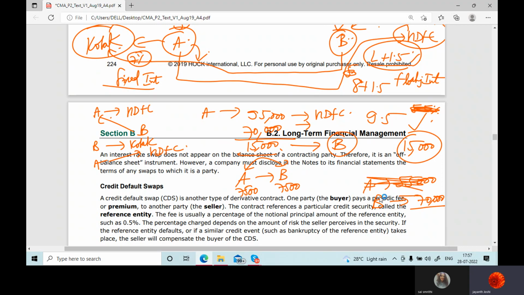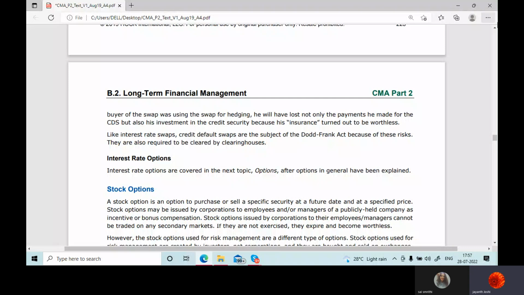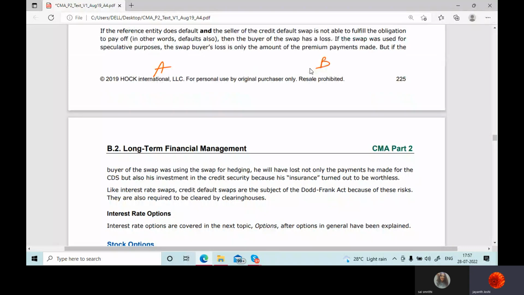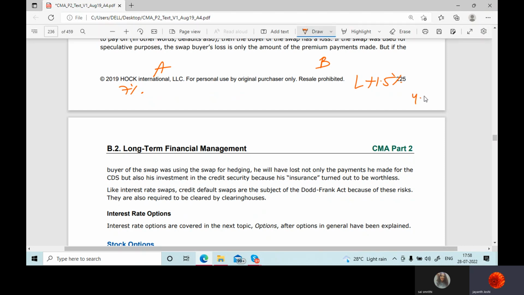Okay, I'm just making it here again. A, B, 7%, LIBOR plus 1.5%. In the previous example, we understood that B has made a gain and both the parties have shared. Let's say the rates have gone down in B's market and the LIBOR has gone to 4%.